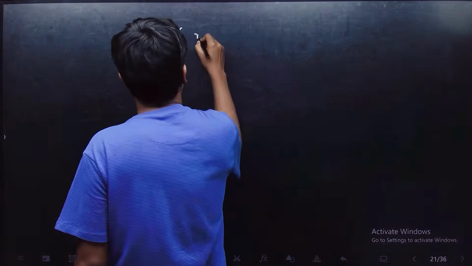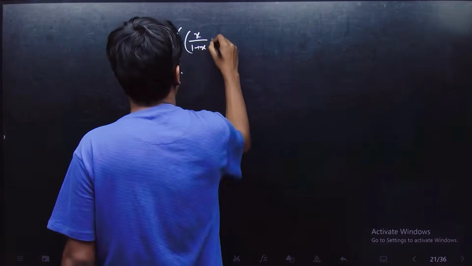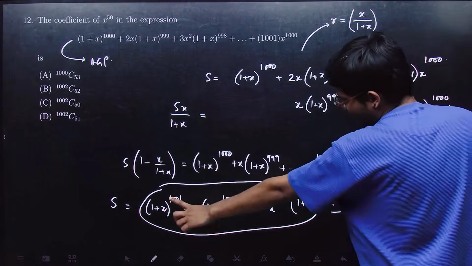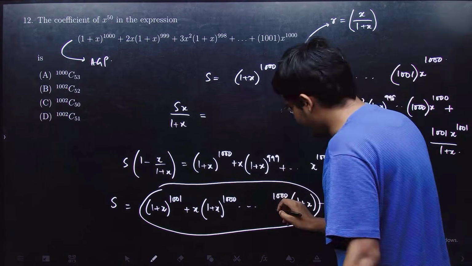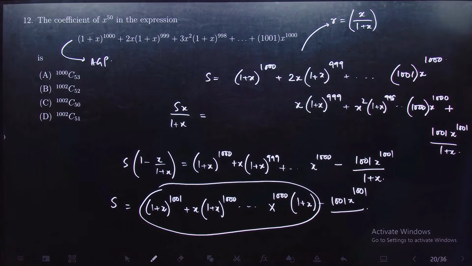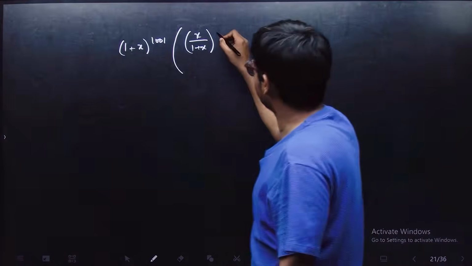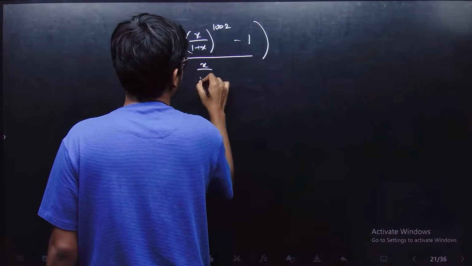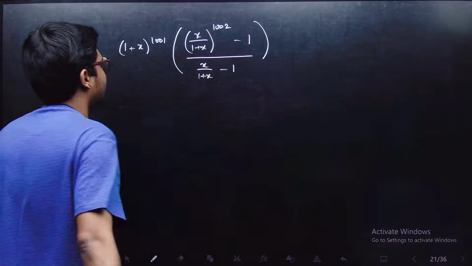So R, what are the number of terms in this GP? Starting from 0 all the way till 1000, right? So there are 1001 terms in this. Yep, there are 1001 terms in this, right? So this will become 1002 minus 1 divided by x by 1 plus x minus 1, right?